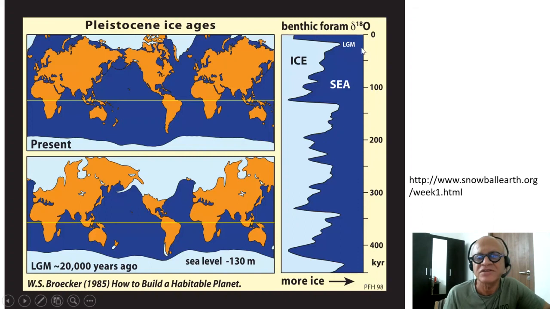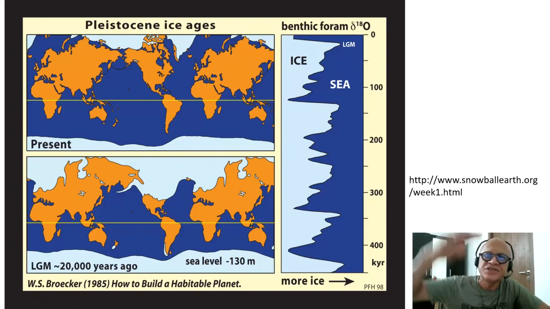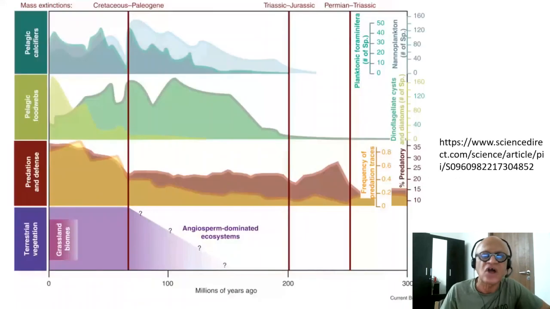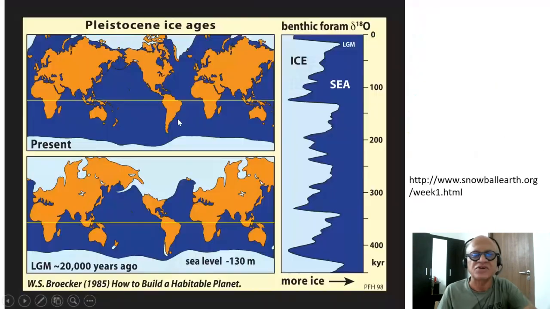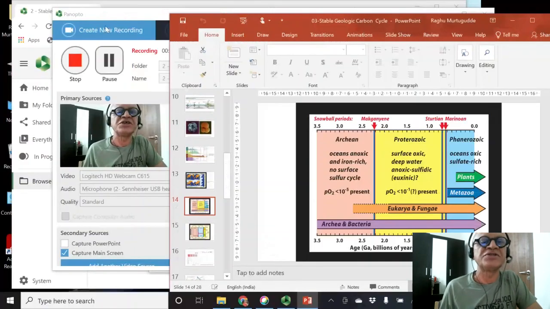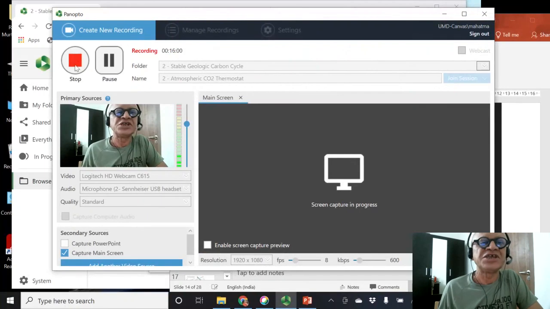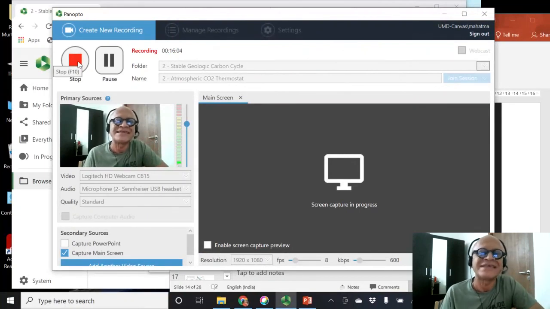So more ice, lower sea level, because water from the ocean is evaporated and locked up into glaciers and so on. This sea level change also matters for how much of the calcium carbonate gets sequestered, in addition to how much area is really involved in the calcium carbonate formation by the phytoplankton itself.